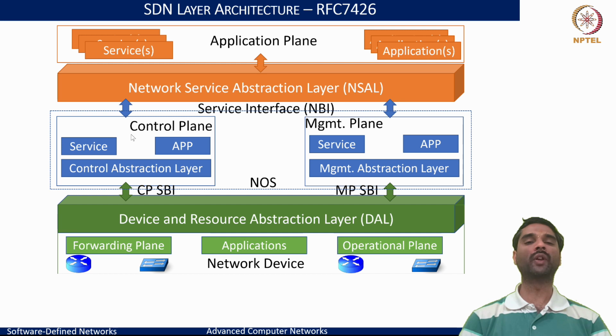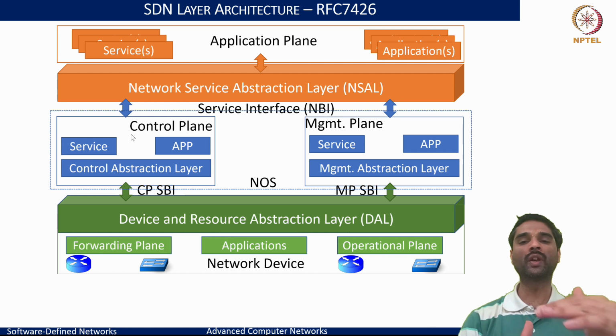And we can even think of NAT as an application, MPLS as an application that could utilize the control plane services to actually configure these rules onto these network devices. So all the planes mentioned above would be connected through these interfaces.